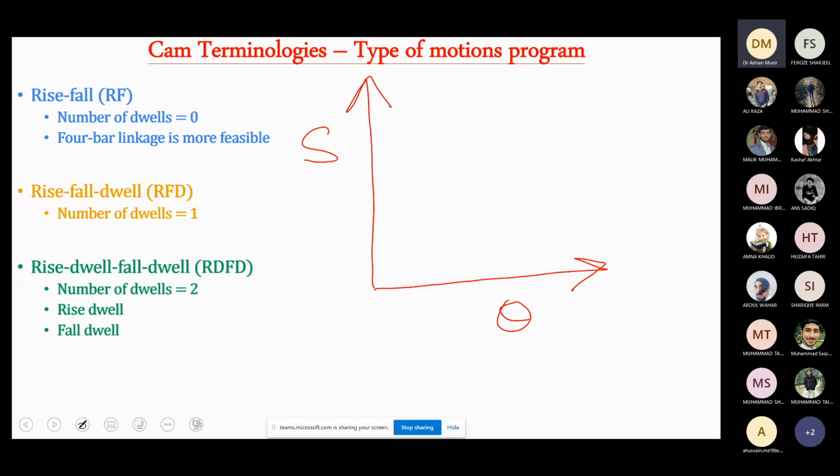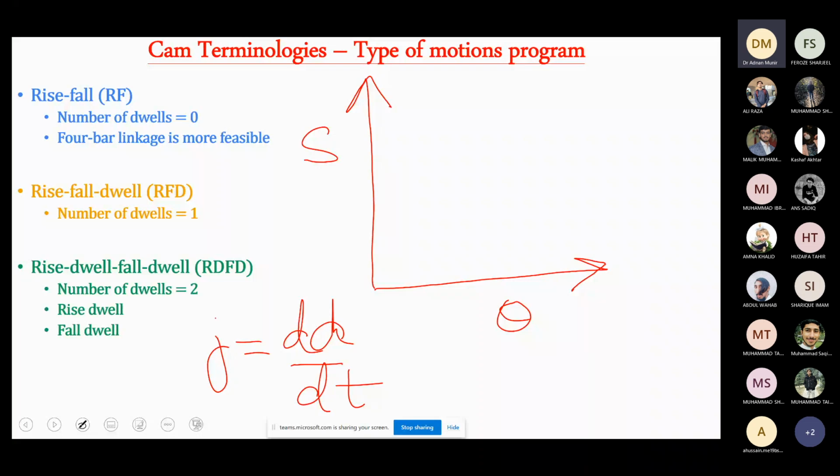And the fourth thing that we can plot is called jerk. We will also be defining jerk. For now, remember that if we take the derivative of acceleration, dA by dt, that is defined as jerk. So jerk is defined as the derivative of acceleration with respect to time, right?